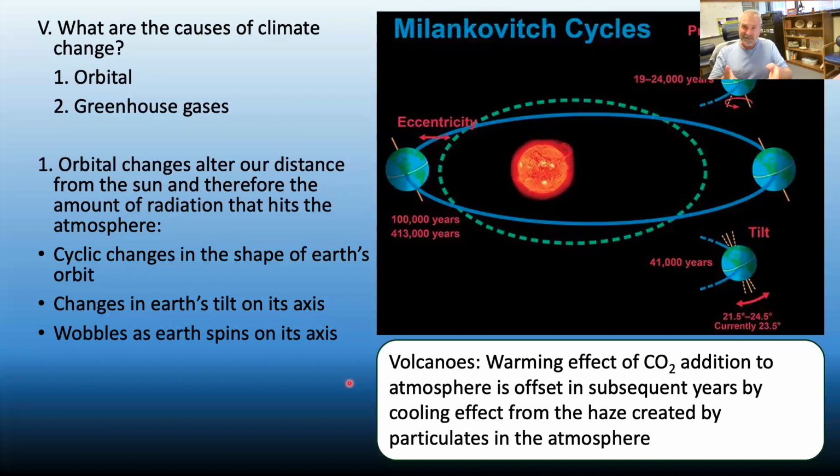Milankovitch cycles include a number of different things, including the wobble of the Earth, the tilt of the Earth relative to the sun, and where the Earth is in its orbit around the sun, which is not circular, it is egg-shaped, and the nature of that egg stretches and kind of goes back and forth. There are also differences in the amount of energy that the sun actually puts out.